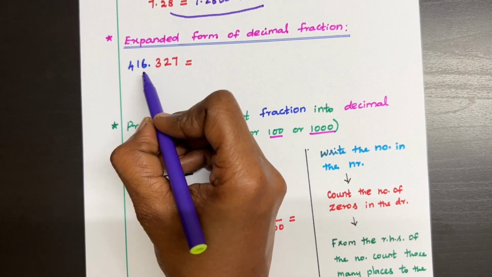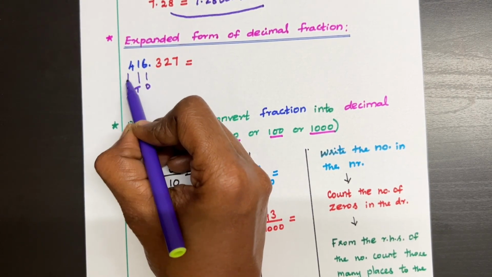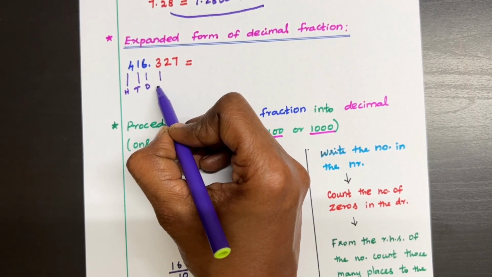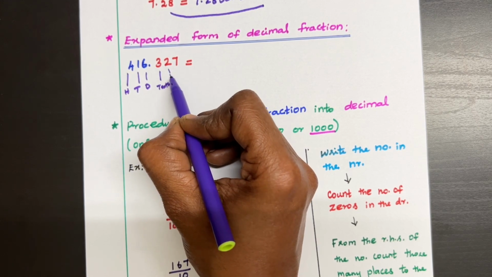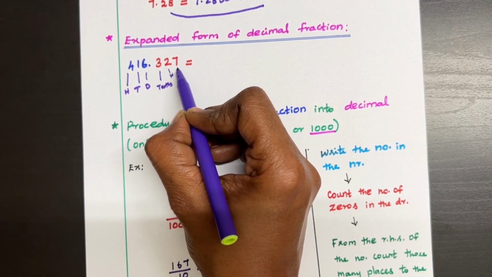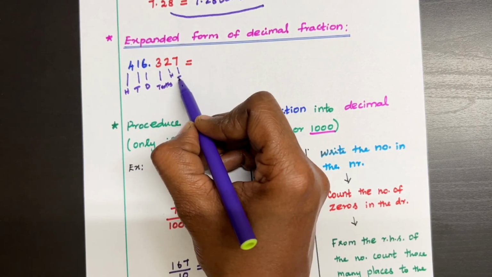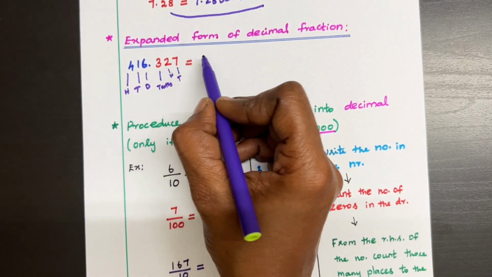First see here, this is ones, this is tens and this is hundreds. This is tenths, similarly hundredths, this is thousandths. So we are going to expand it now.